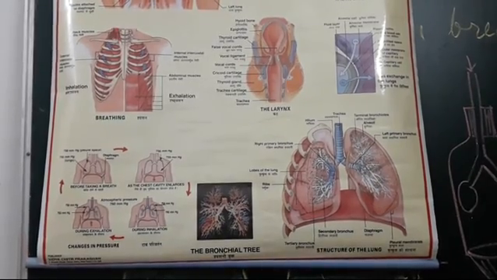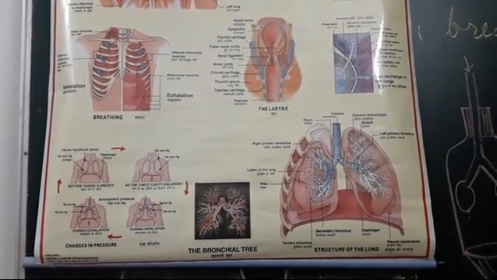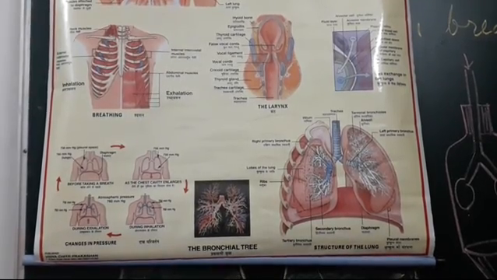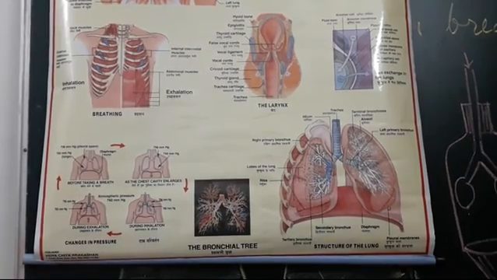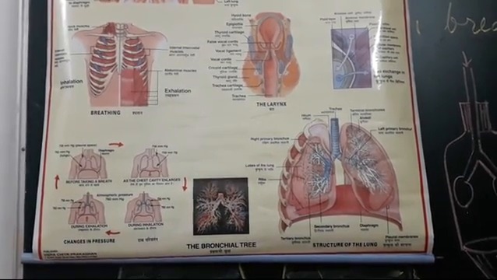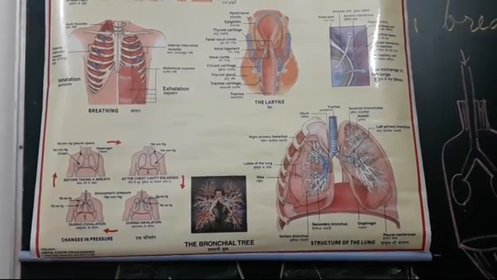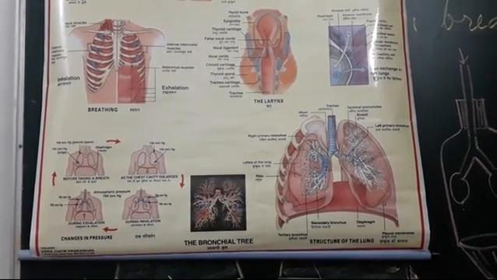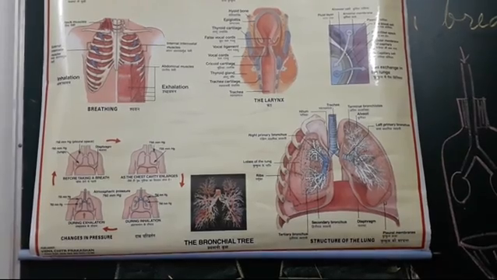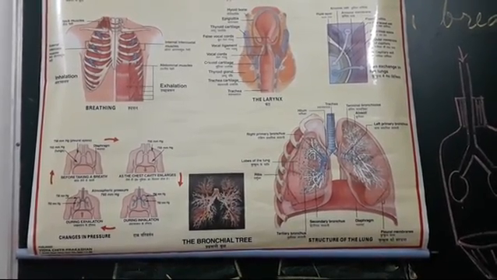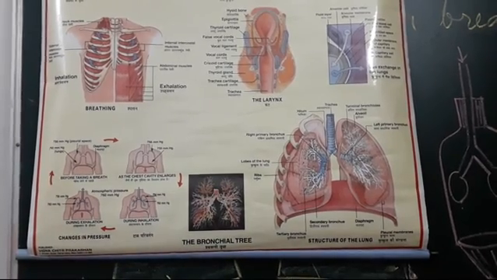In adults, the breathing rate is 12 to 18 times per minute, and in a newly born baby it is 60 times per minute. Breathing rate may increase when the carbon dioxide content is increasing in the blood.